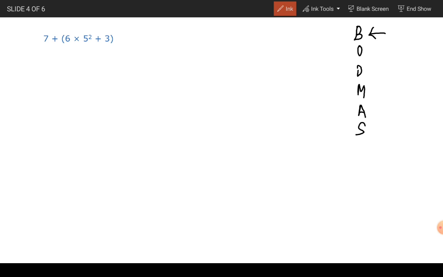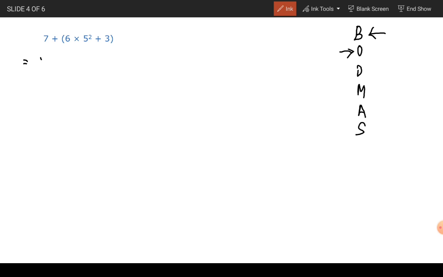So first solve the brackets. Inside the bracket, since you have a combination of numbers and operations, you will again look for the BODMAS order. Within this bracket, the first thing that we come across is O, or the orders. So we are supposed to solve 5 square first.